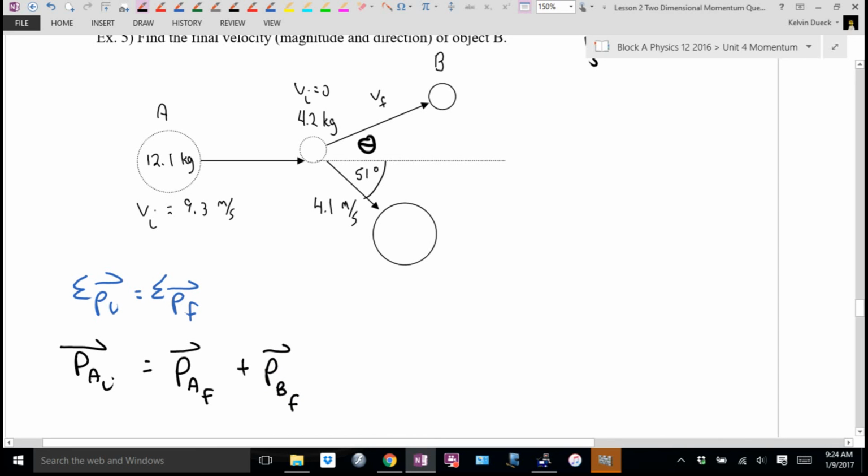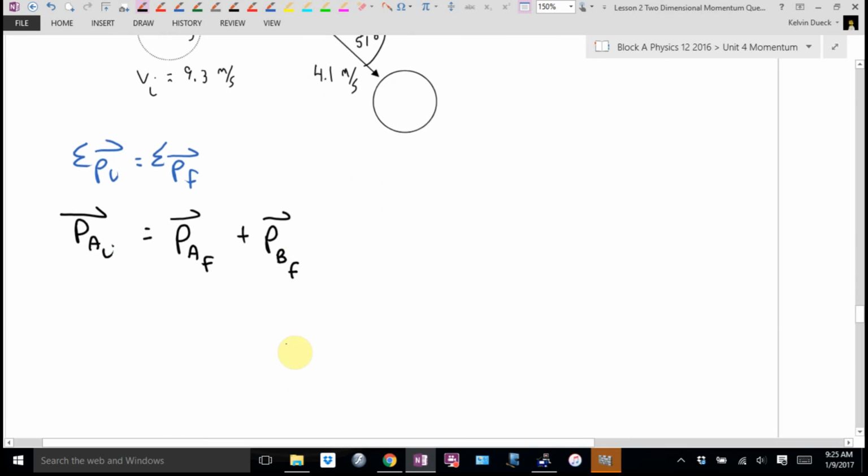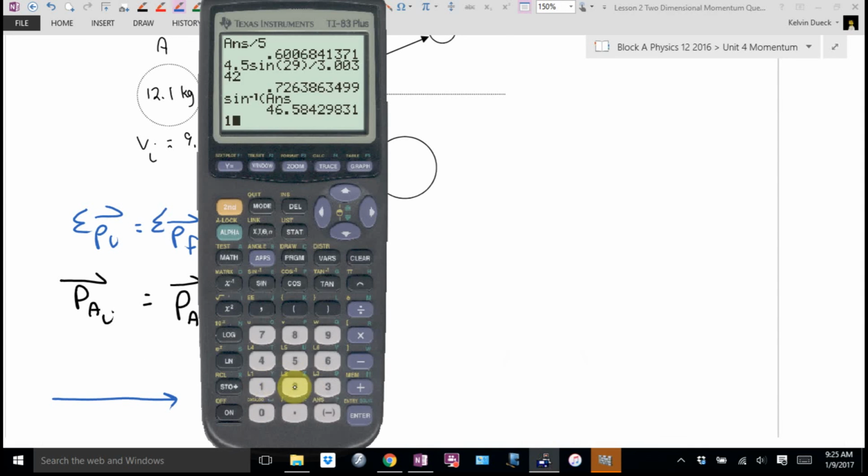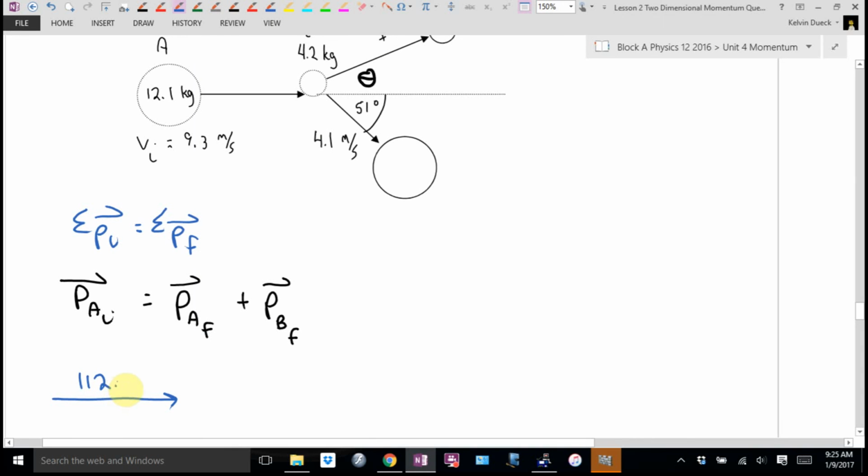Ty, can you see there's yucky angles and things in here? So don't start going mv and just divide and algebra like we did last year. Momentum A initial looks like that, and it's going to be 12.1 times 9.3, and I'm going to carry every sig fig. I'm going to write 112.53. I'm not rounding off here. Wham, they collide.